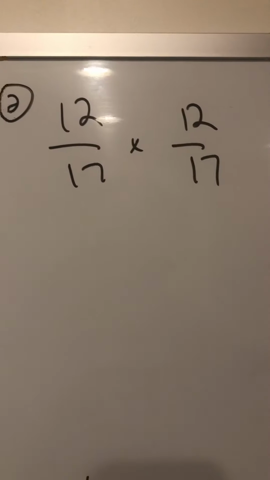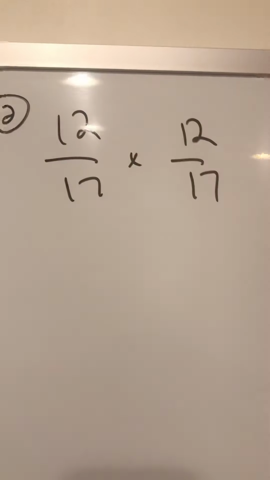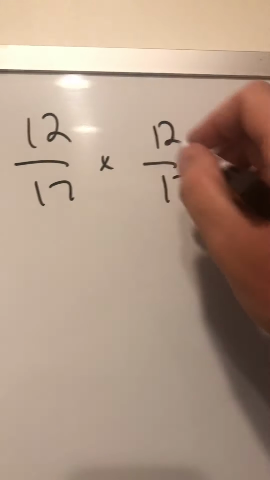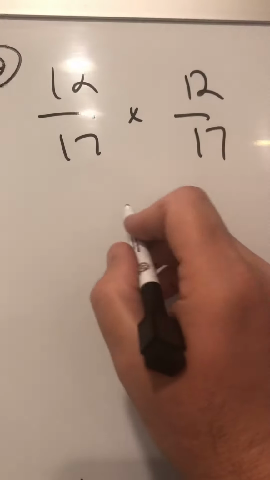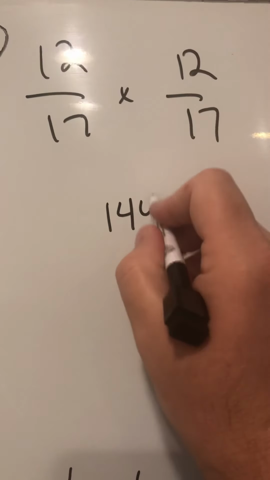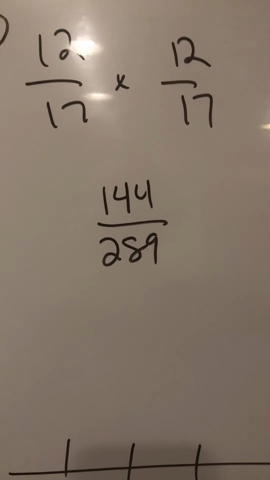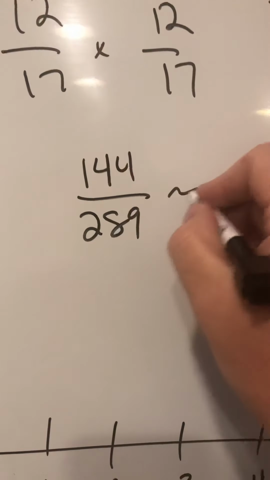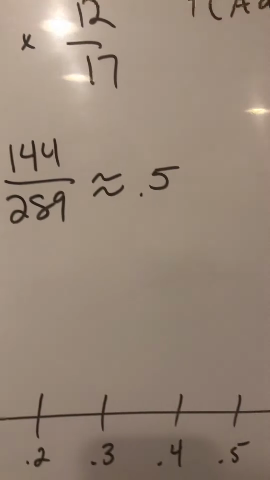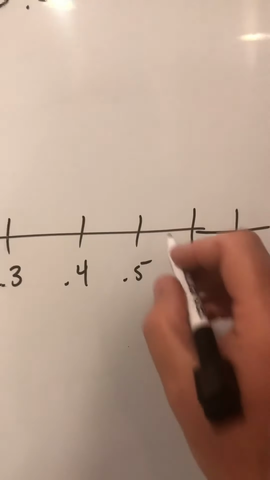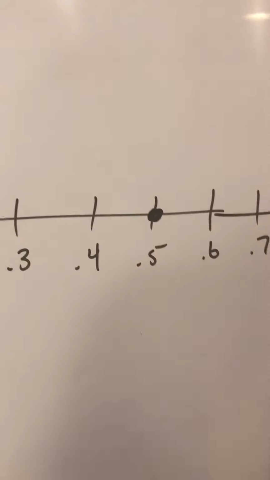All right, so 12 out of 17 people do like pizza. 12 out of 17 do have a job. What we're gonna do is multiply straight across. 144 over 289 is right about 0.5. So if I go down here, I'm gonna put a dot right at 0.5.